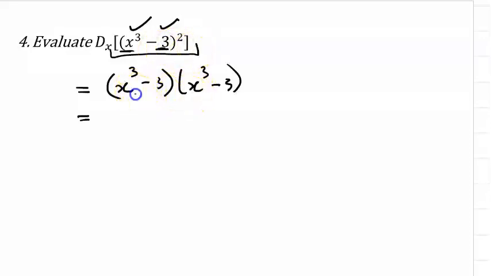Use the FOIL method. X cubed times x cubed is x to the 6. 3 plus 3 is 6. Remember, when you multiply common bases, you add the indices. Then you get minus 3x cubed. X cubed times minus 3 is minus 3x cubed. And here, minus 3 times x cubed is minus 3x cubed.